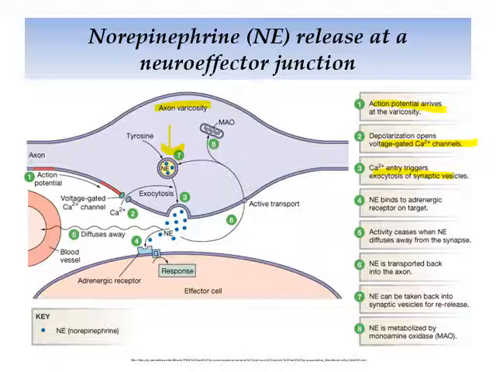Once neurotransmitters are released into the synapse, they either diffuse through the interstitial fluid until they encounter a receptor on the target cell, or they drift away from the synapse.